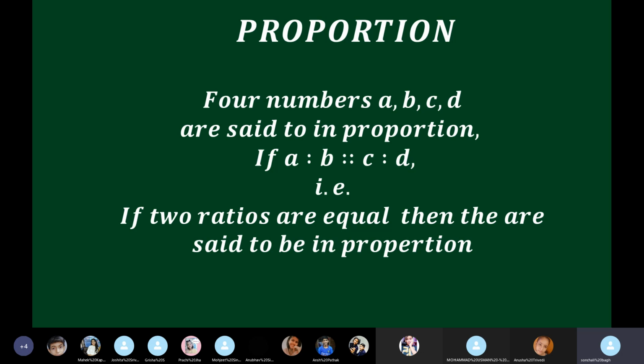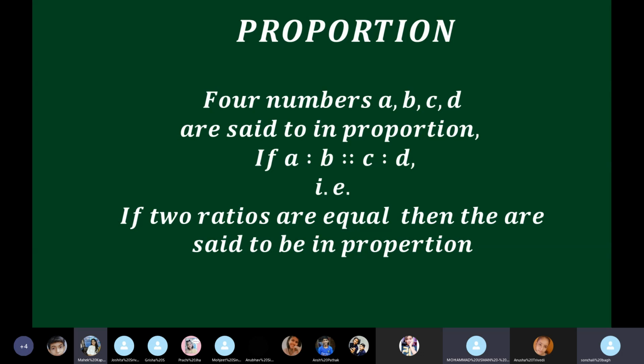Again, four numbers A, B, C, D are said to be in proportion if A is to B is proportional to C is to D. And what does this mean? It means the ratio between A upon B is equal to the ratio between C upon D. Am I clear? Any confusion?